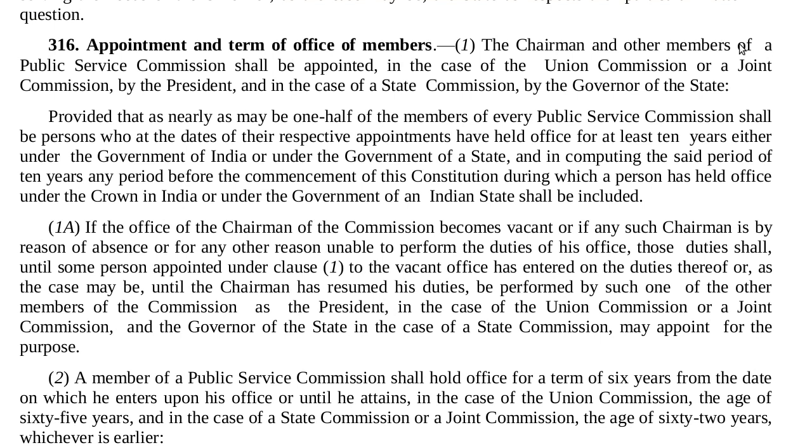The chairman and other members of a Public Service Commission shall be appointed, in the case of the Union Commission or a Joint Commission, by the President, and in the case of a State Commission, by the Governor of the state, provided that as nearly as may be one half of the members of every Public Service Commission shall be persons who at the dates of their respective appointments have held office for at least 10 years either under the government of India or under the government of a state, and in computing the said period of 10 years, any period before the commencement of this Constitution during which a person has held office under the Crown in India or under the government of an Indian state shall be included.